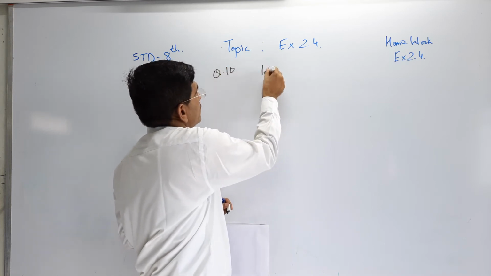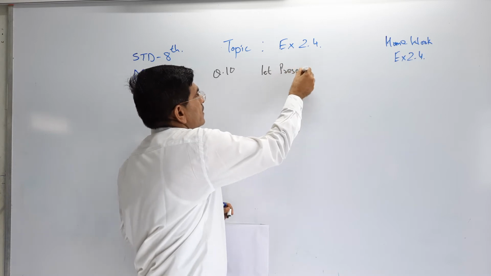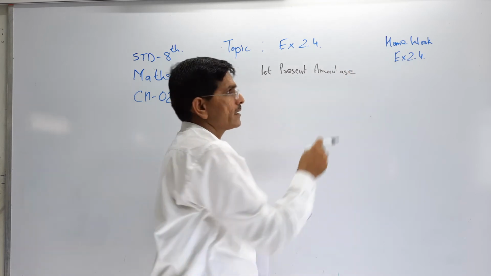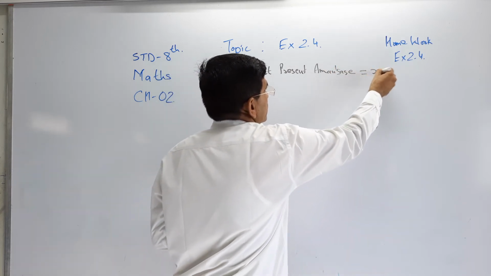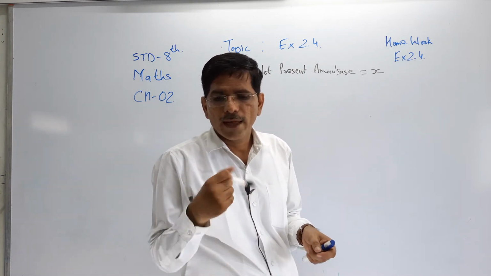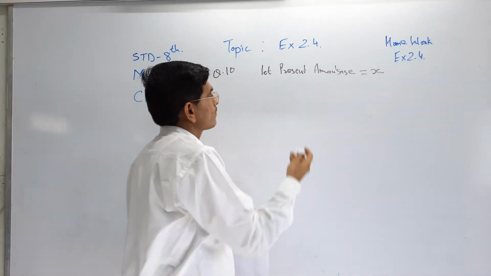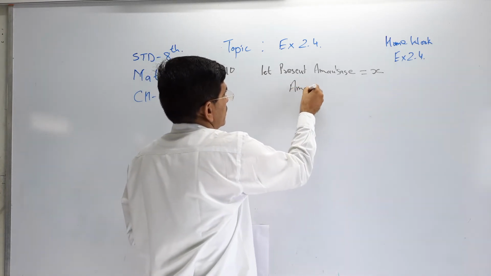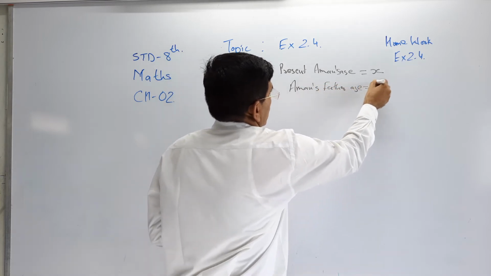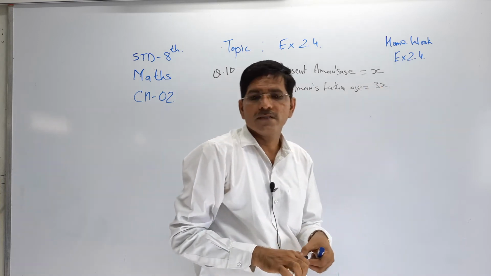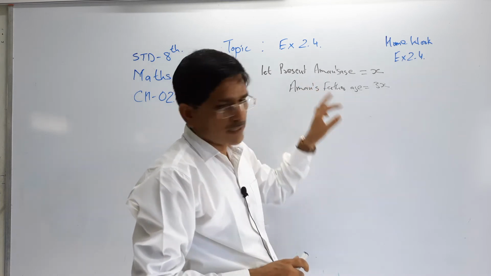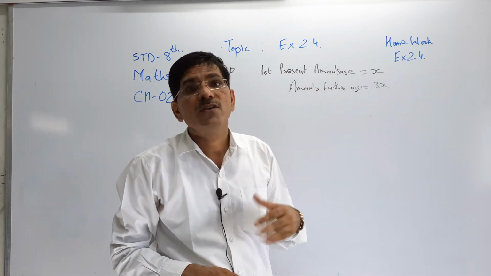Let the present age of Aman's son be x, and Aman's age is 3x, because Aman's age is 3 times his son's age.